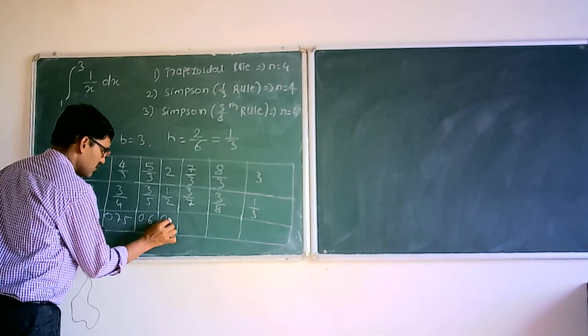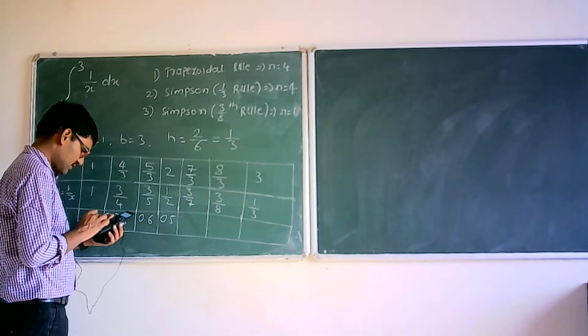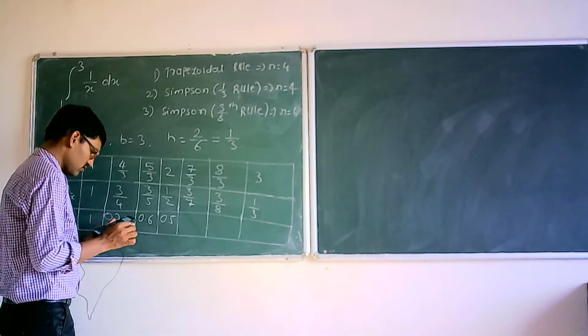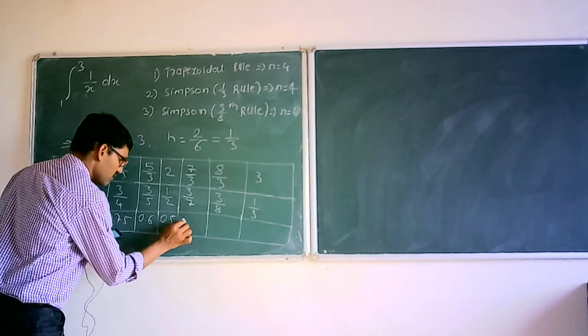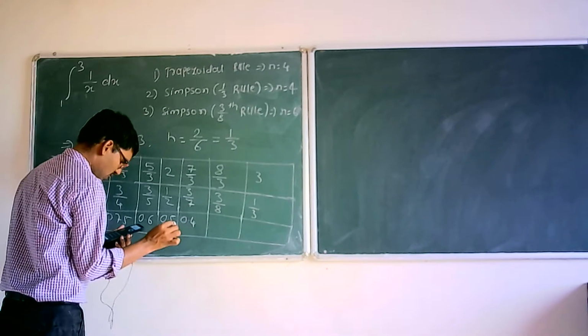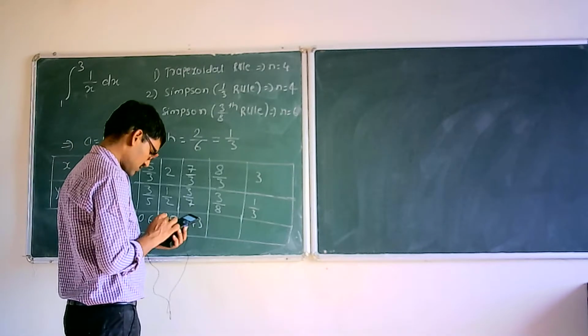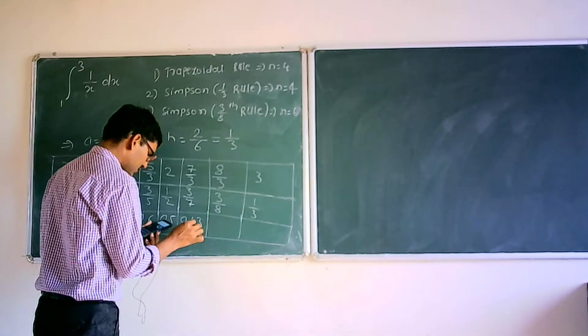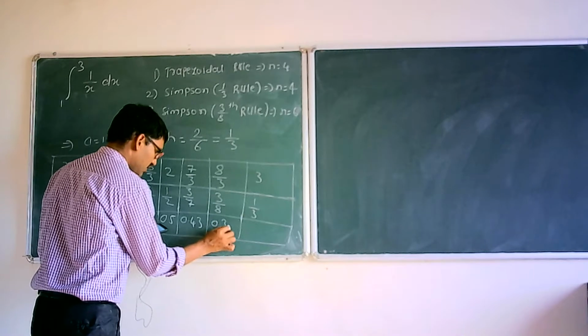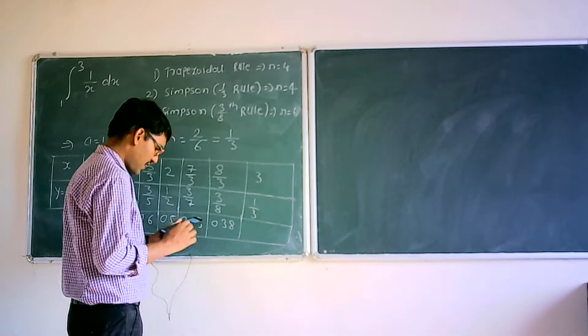3 by 5 is 0.6, 1 by 2 is 0.5. 3 divided by 7 is what? 0.428, approximately 0.43. Then 3 by 8 is 0.38, and 1 by 3 is what?